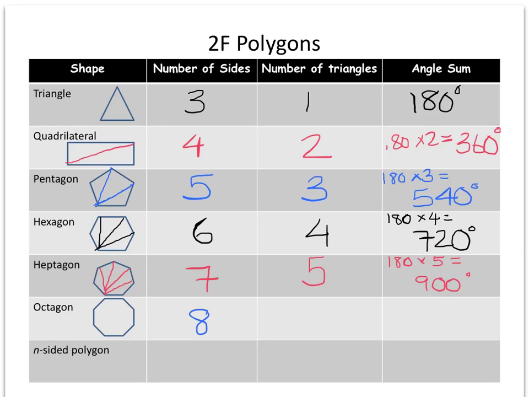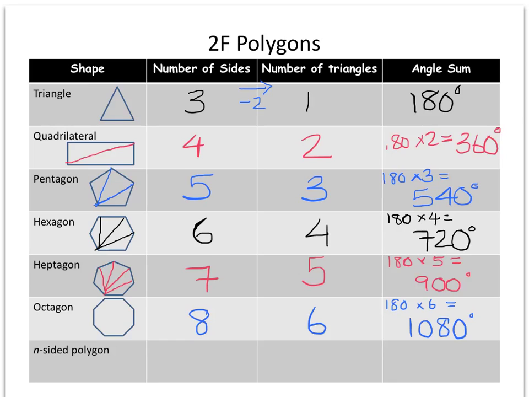So to go from the number of sides to the number of triangles, I've been subtracting 2 each time. So that tells me, without even doing it, that in an octagon, I'm going to have 6 triangles. Okay, so to work out the sum of the angles in an octagon, I would do 180 times 6, which gives me 1080 degrees. So that's the sum of interior angles in an octagon.